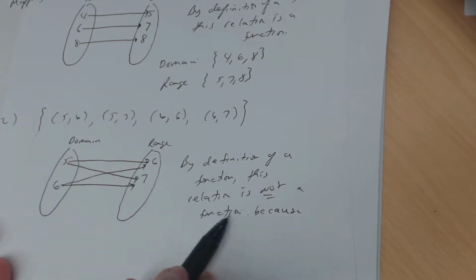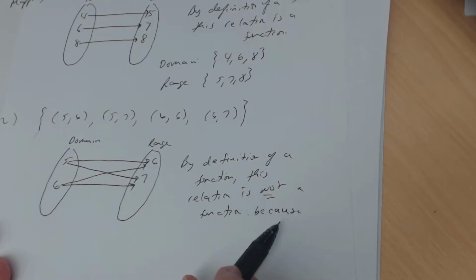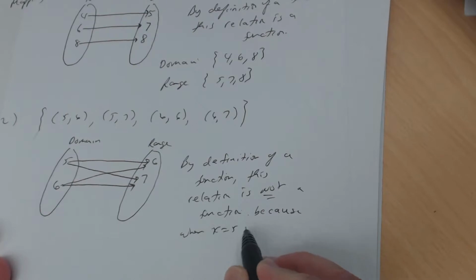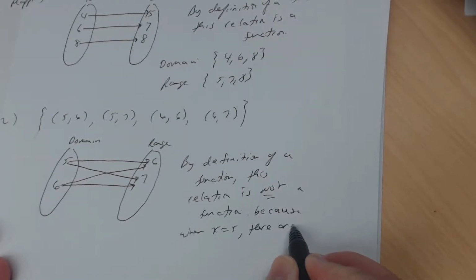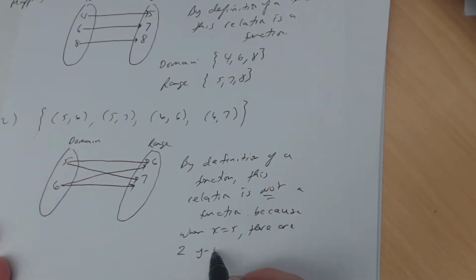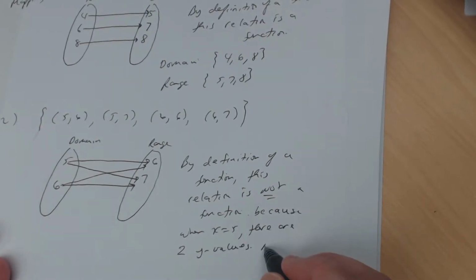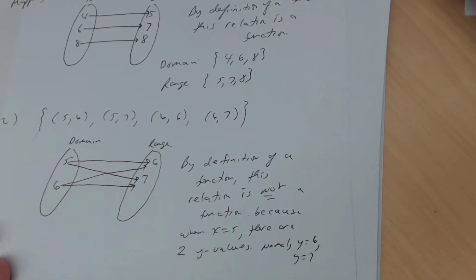It's not a function because when x equals 5, there are two y values, namely y equals 6 and y equals 7.